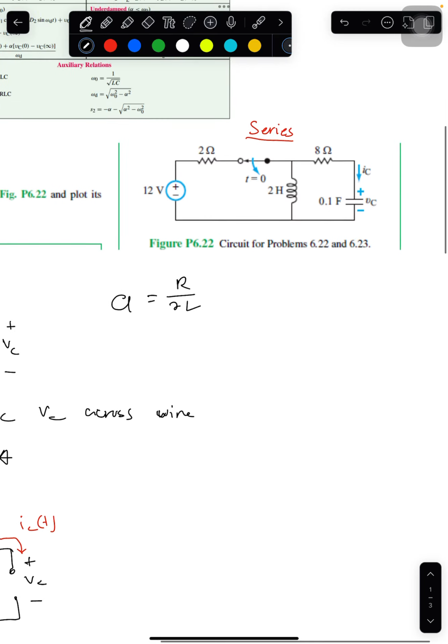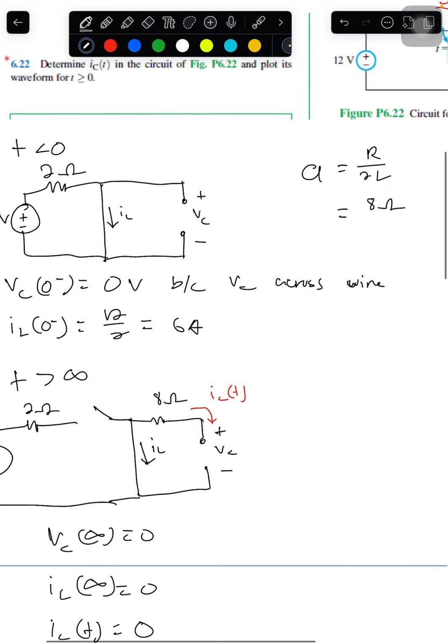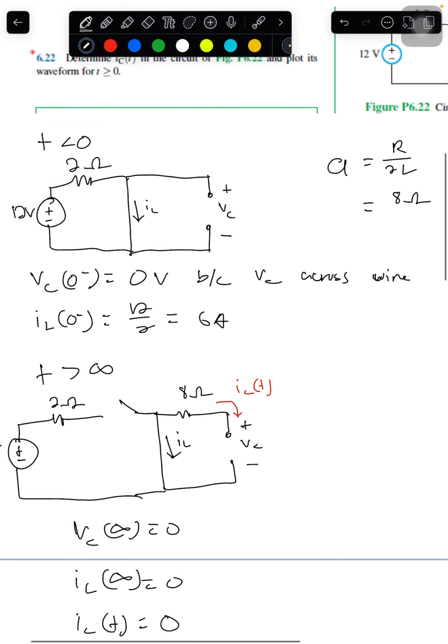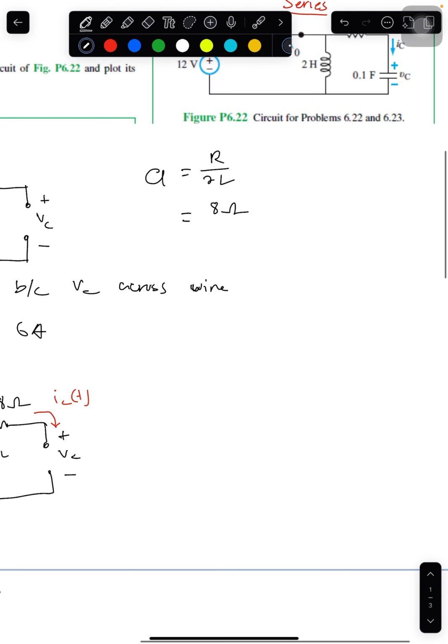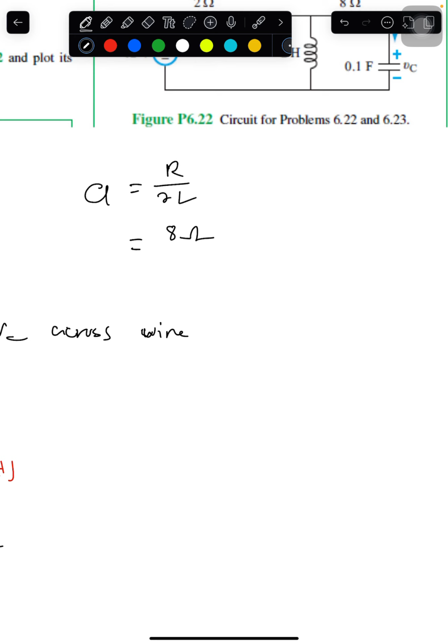We're going to use the 8 ohm resistor in this case, because that's the resistance that's in series in both. We're not going to use the 2 ohm because it doesn't really affect the capacitor in steady state.